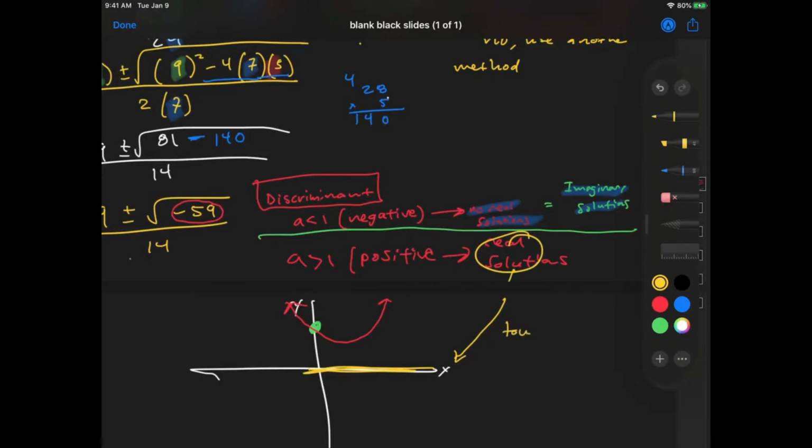If this touches, then it has real solutions. If this part right here has no touch, then this would be the imaginary solutions or no real solutions.